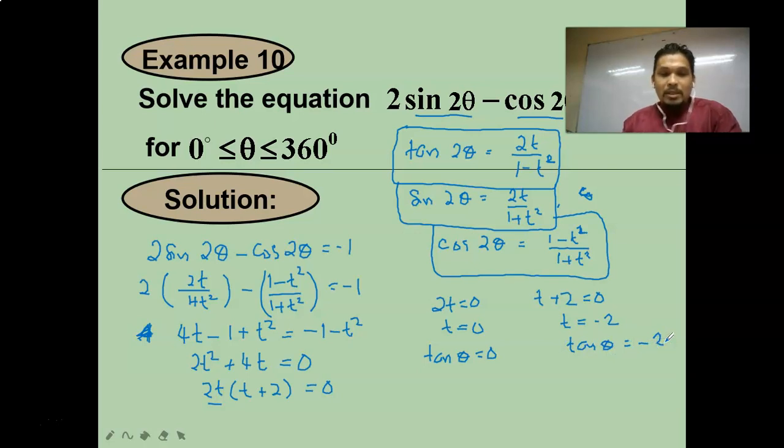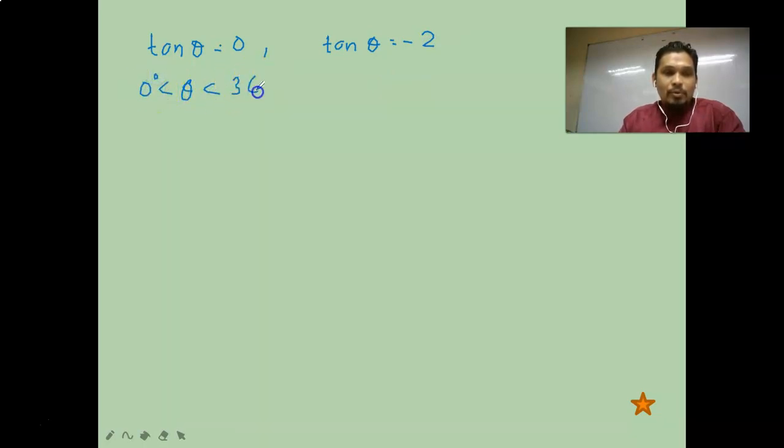So from the given here, tangent theta equals 0 and tangent theta equals negative 2. Okay, from now, given that theta lies in between 0 up to 360 degree.